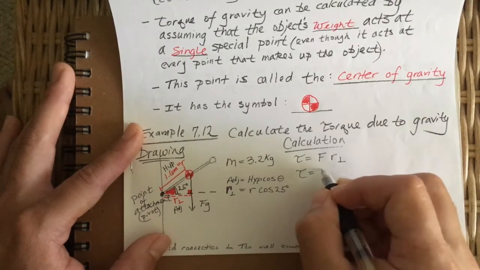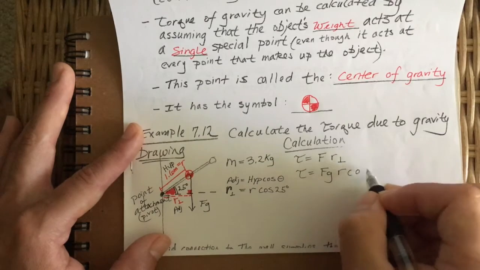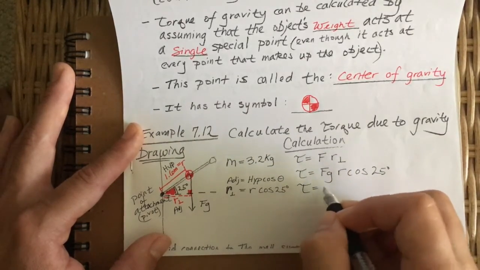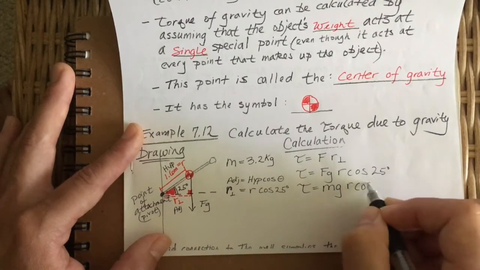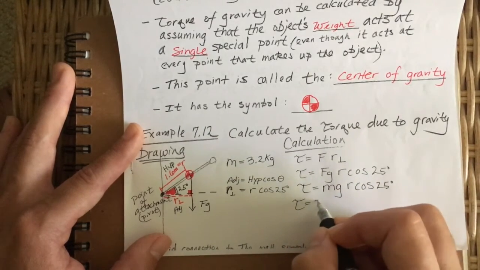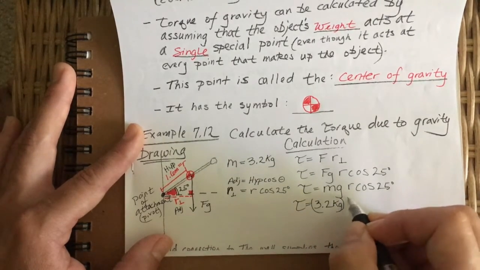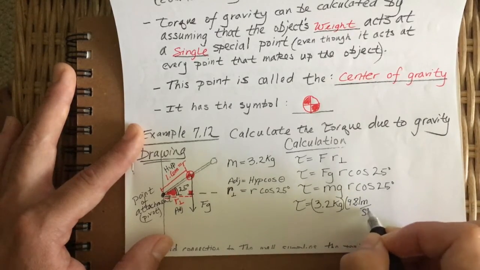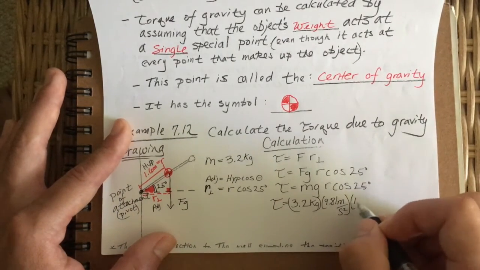So we'll see that the torque due to gravity is Fg times R cosine of 25. We know that Fg, the force due to gravity, is mg. So we can go ahead and fill in those values. R is 1.6 meters.